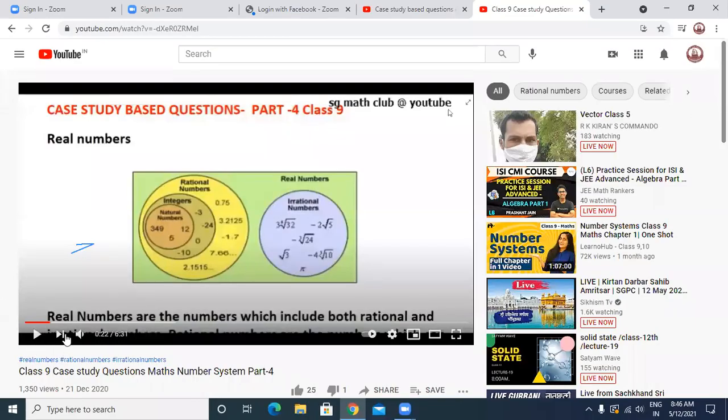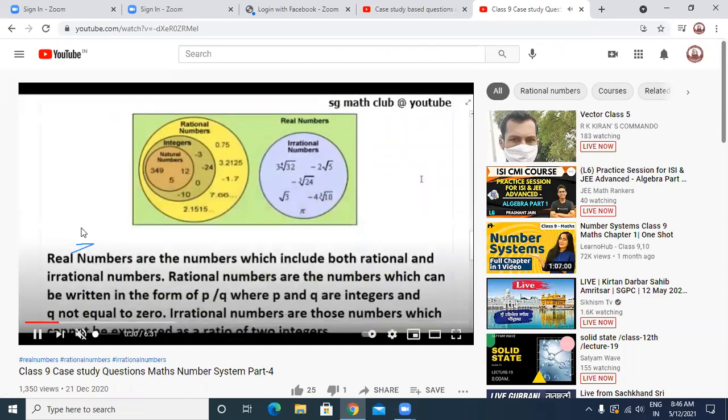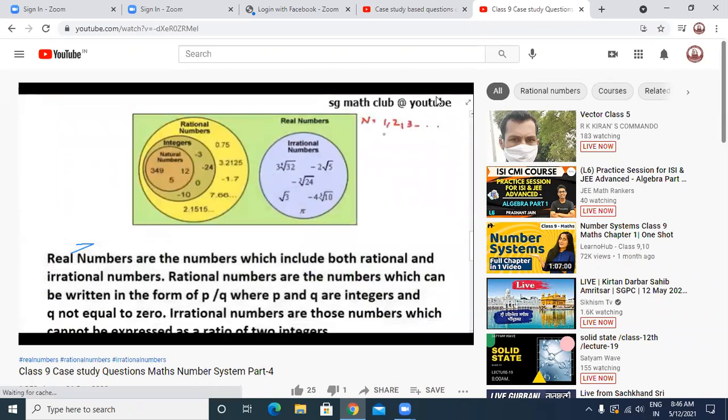Now, beta, let's start with the second case study. A figure is given to you in this. This is the rational number collection. This is your irrational number collection.